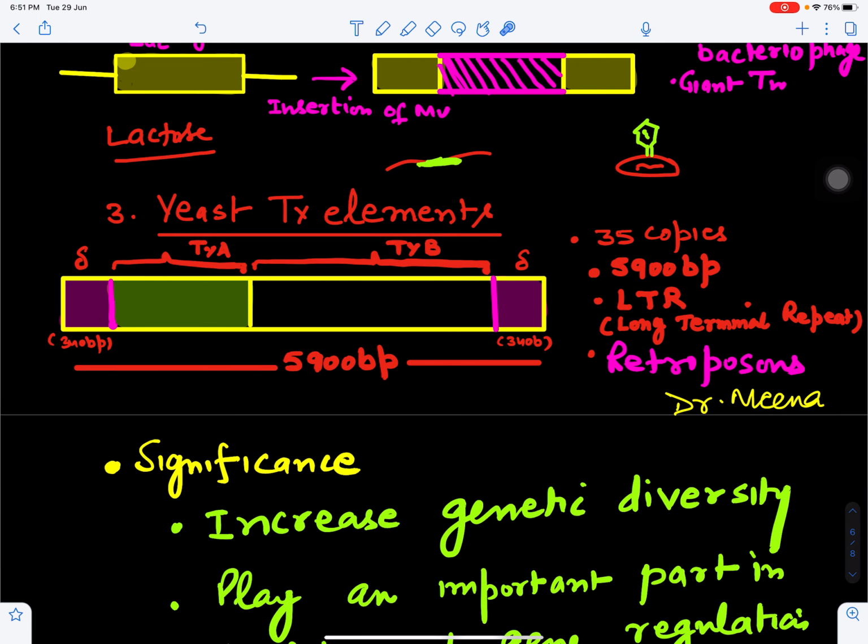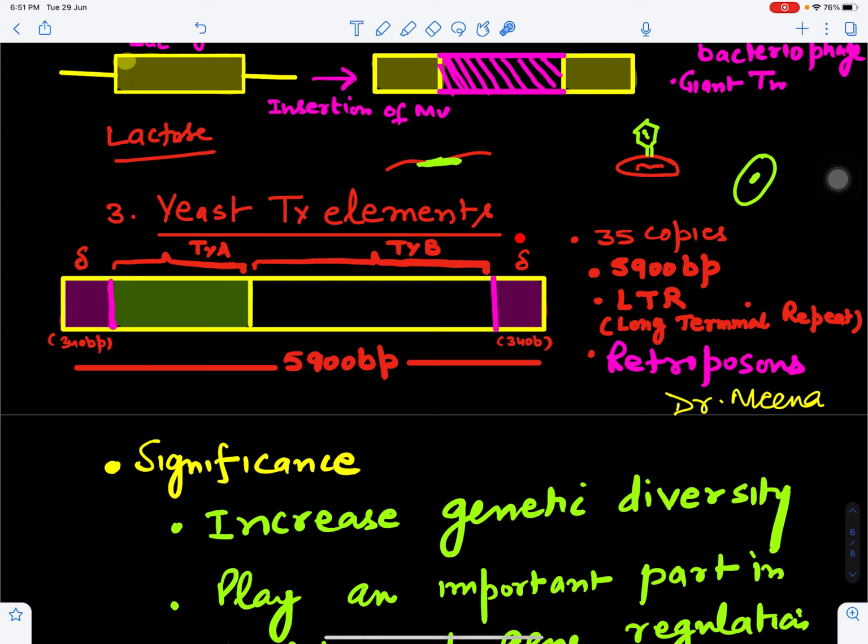Now next is the yeast TY element. This is found in yeast. As we know, yeast is a single celled fungus having a nucleus. Here we will see that yeast TY elements are made up of TYA and TYB, and they are surrounded by delta sequences, which are made up of 340 base pairs.